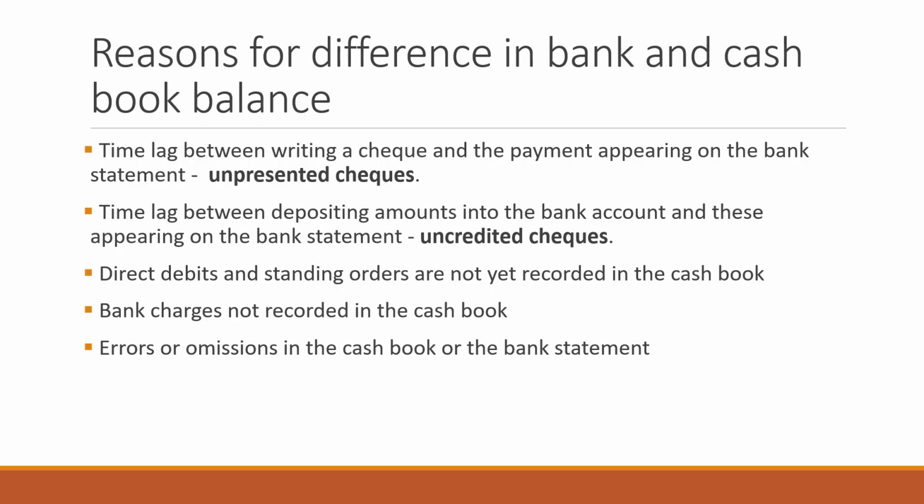So in this case, there is some delay. Once the check is written, it might take someone 2 days, 3 days to present that check for payment. So that time lag may cause this difference, and that is what is known as unpresented checks.